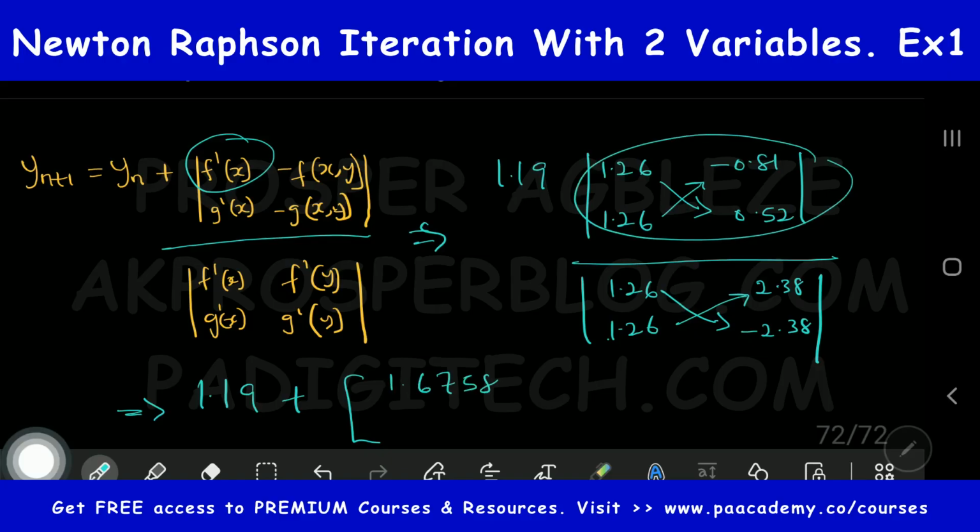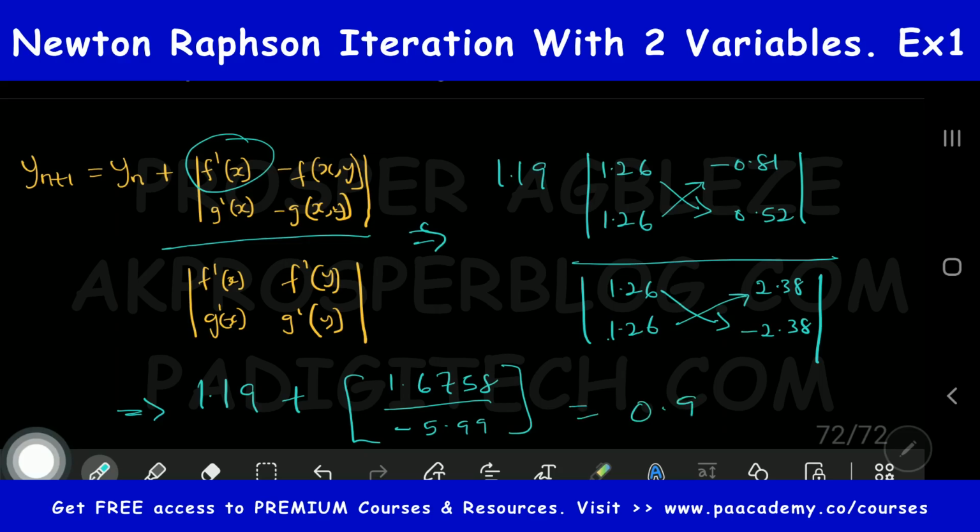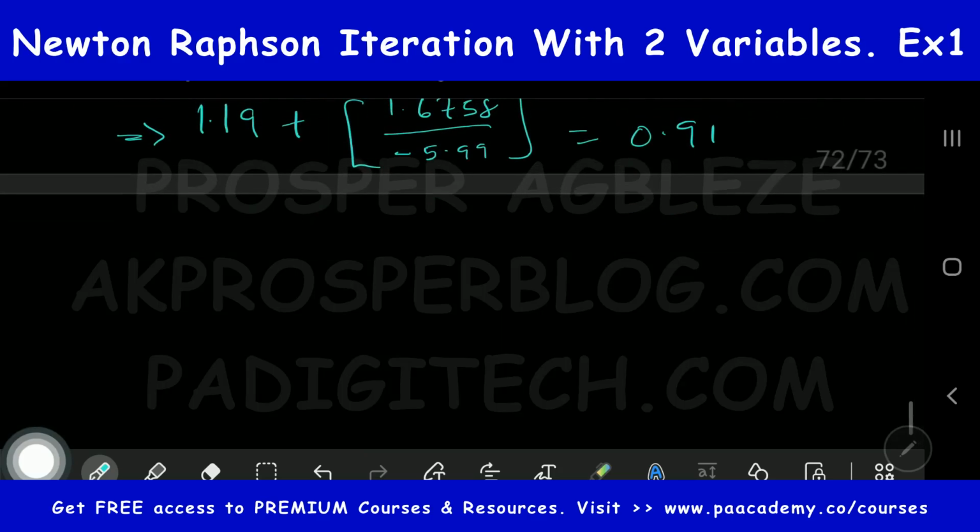So if you do this correctly, you are going to be getting 1.6758 divided by minus 5.99, and that's going to give you 0.91. So with this now, our y2 is equal to 0.91. And don't forget we've gotten our x2 to be 0.51.